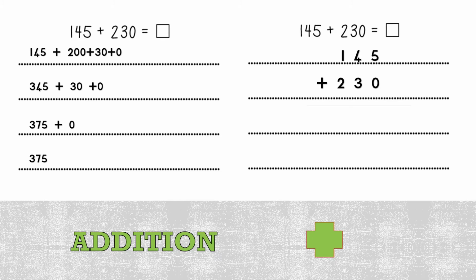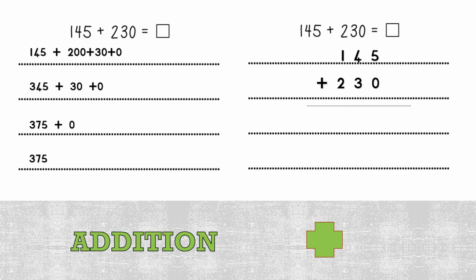The next option that you have is a quicker one, but not so easy if you don't understand what you must do. In this option, it's very important to put your hundreds, tens and units underneath each other, otherwise your sum will not work out. So first we put 145 plus 230. Then we plus the units together.